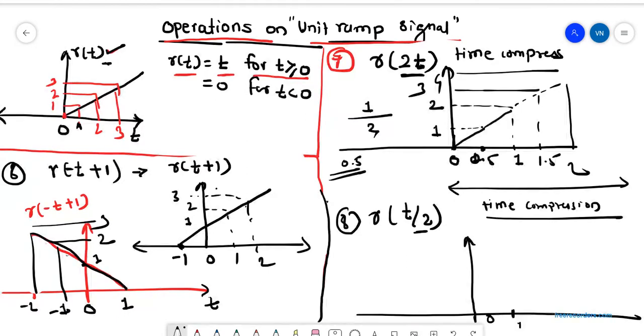Whatever the amplitude for 1, that I will get for the 2. Automatically each and every time will be changed.